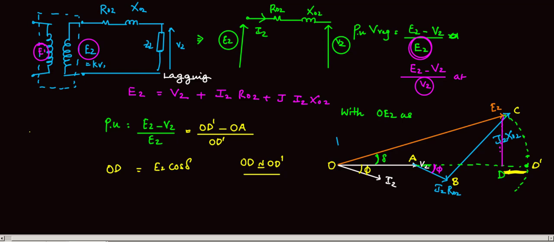So this is approximate. We are doing approximate voltage regulation.